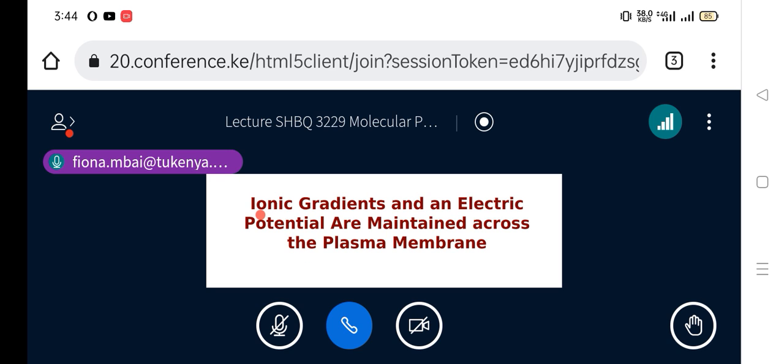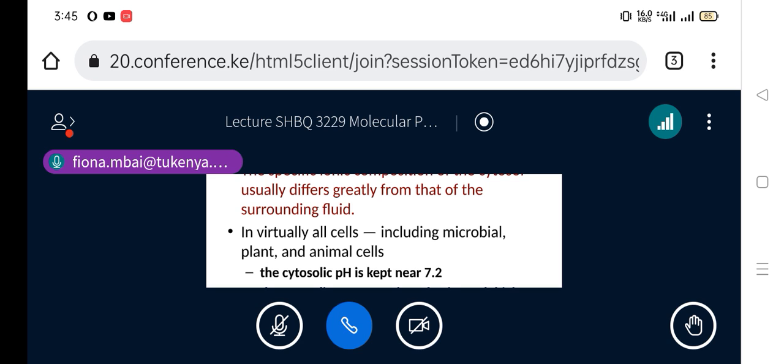Now, let us look at ionic gradients and electric potential maintenance across the plasma membrane. Now we are going to focus and include the electric potential and how these ion gradients that we have created through transportation and exchanges happen. So in cells, the ionic composition of the cytosol is usually different from that of the surrounding fluid.